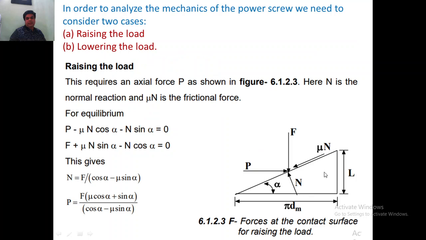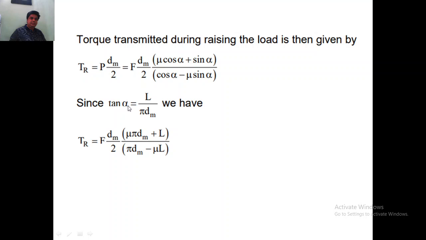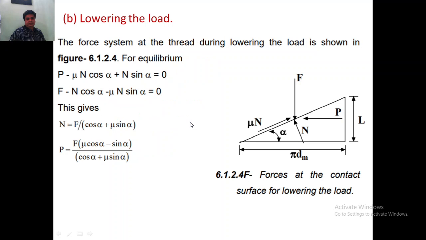If you substitute L by pi dm as tan alpha, or if we divide this by cos alpha, we get the term tan alpha, and substituting L by dm, we will get the torque equation in terms of the nominal diameter of the thread or the screw rod. It's only substitution, you just remember this equation, substitute the values and rearrange the terms, that's all.